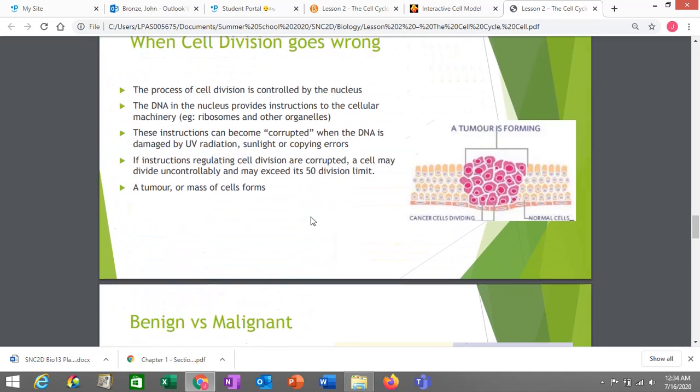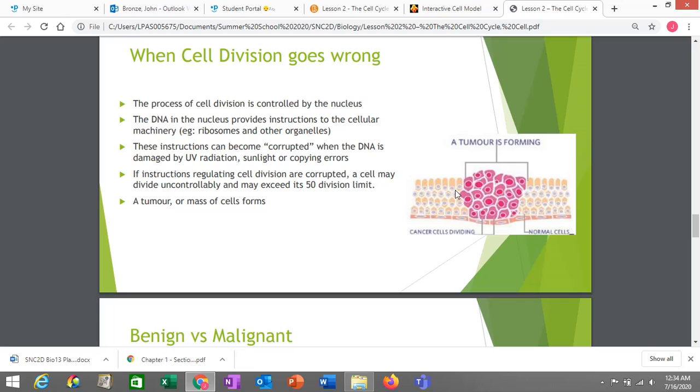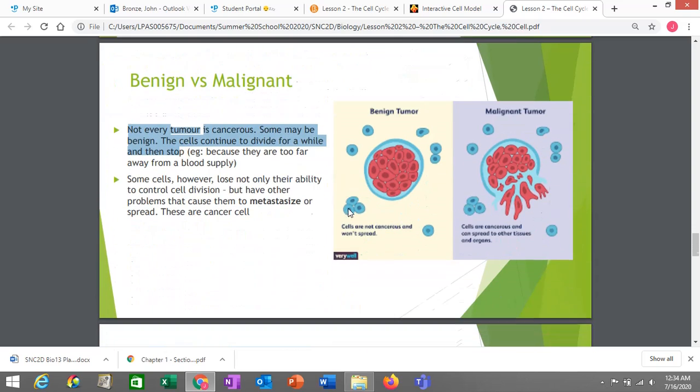And that might be because if you can imagine these cells expanding outwards, there's a blood supply in there. And if the cells move away from the blood supply, they don't get oxygen, they can't create the energy that they need to live. And so any cell beyond this part of the tumor might just die. And so the cells are limited to this area here. So that would be a benign tumor.